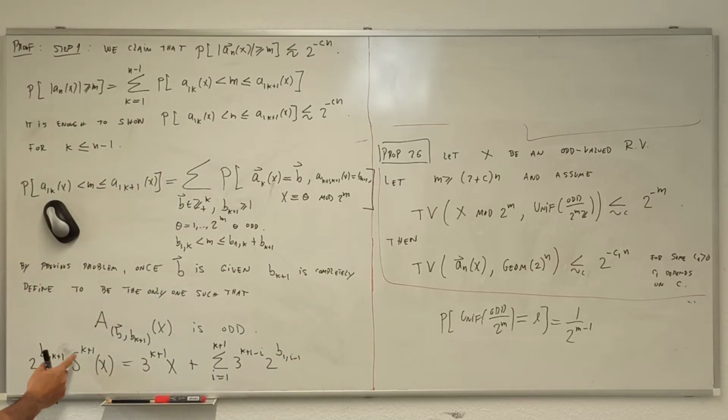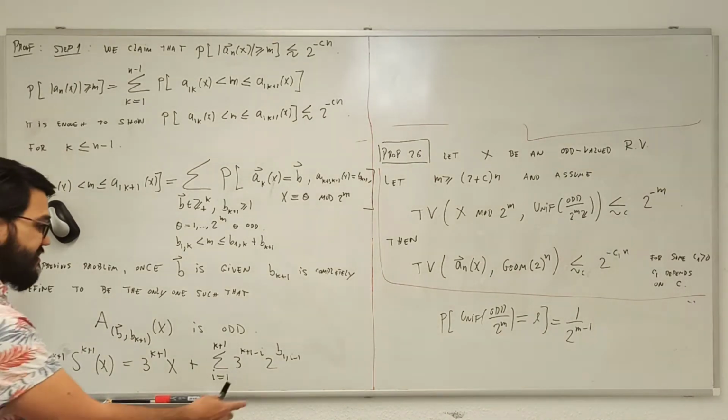And since I multiplied everything by 2^{k+2}, the 2^{b_1+...+b_{k+1}} appears like this, okay? So b_{k+1} is defined as the only one such that this guy here is odd. Well, so this guy here is odd, so you multiply.